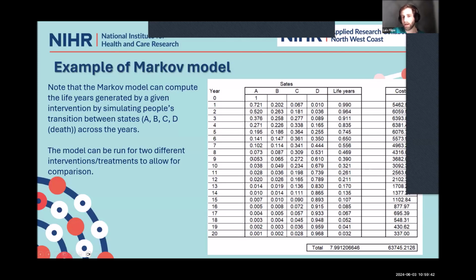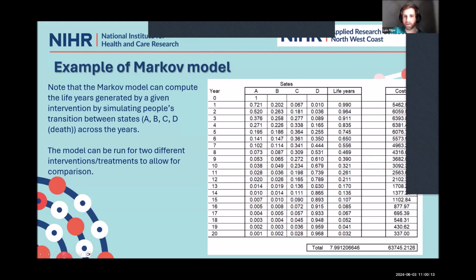So less people are without a disease, and more people will be in asymptomatic, progressive, and dead, and they will move. Now, for each year, you can literally compute the amount of life years that exist in that year. You can sum all of the years, and you can compute the total that is here below, the total number of life years expected from a certain intervention.